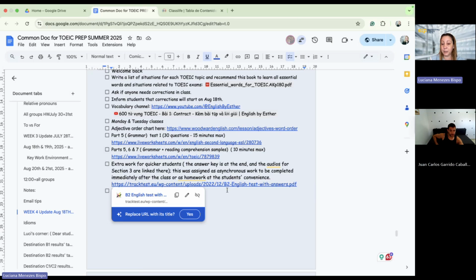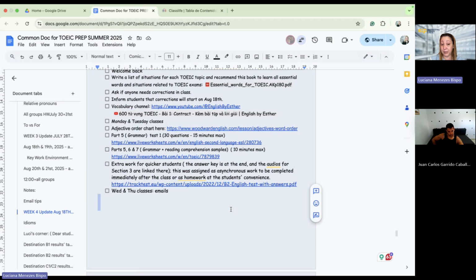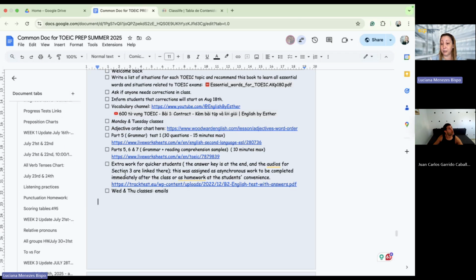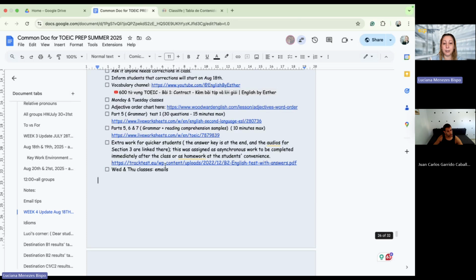The aim of this test here, which takes 45 minutes, is that you compare it to your diagnosis tests done at the beginning of the course. So let's see if improvement has happened or not, and the areas that you may need help with, and you need to tell me whatever you need. And that was basically it.